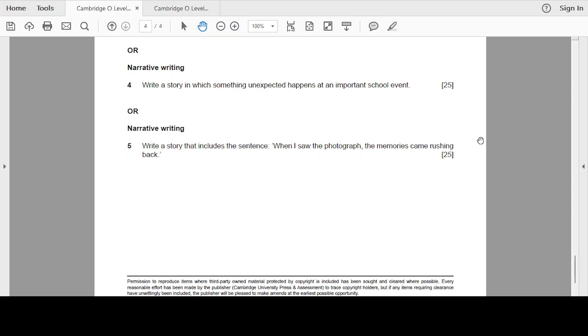So just like question number 4, question number 5 is: you write about some photograph that has some history associated with it, that involves a character or characters, and then you talk about the memories and what they were and why they came rushing back, and then you can take it forward, perhaps what happened after. You were reminiscing, so your focus will be on the memories, but you need to develop it. Your story will revolve around the photograph and the memories, right? But the question says include this sentence.